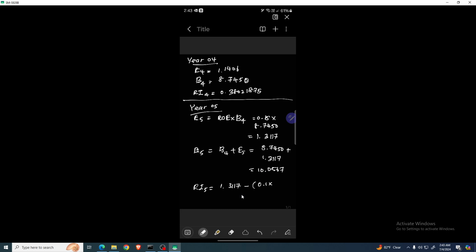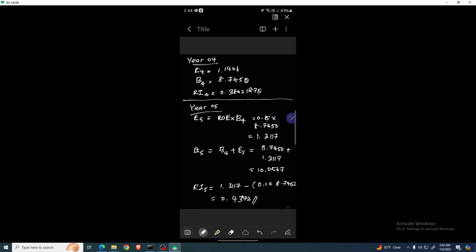Your book value at the end of year 4, and that would be again 8.7450, and the output of this is going to be the answer for your residual income at year 5, right? That would be 0.4372.